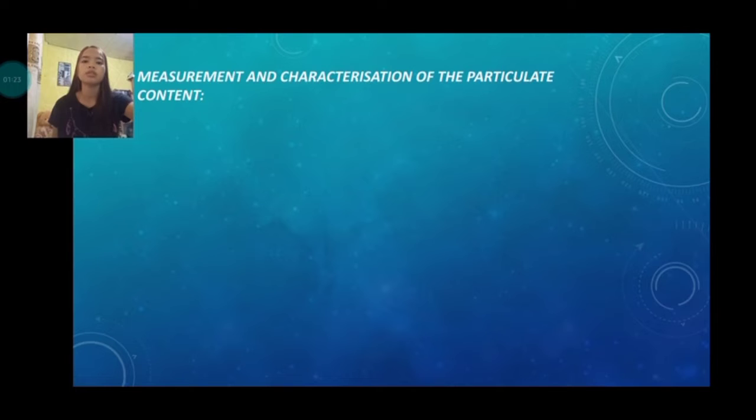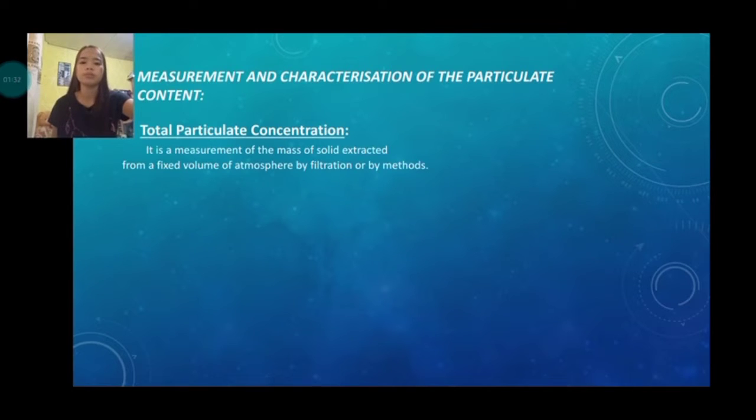So first is measurement and characterization of the particulate content. We have total particulate concentration. It is a measurement of the mass of solid extracted from a fixed volume of atmosphere by filtration or by other methods.